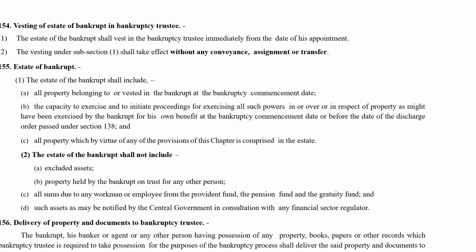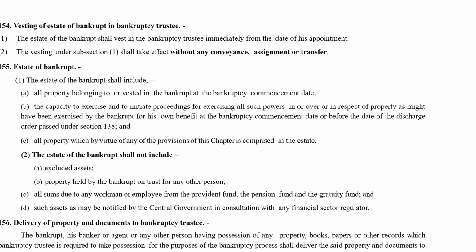So this section 155 is similar to section 36 in liquidation, which talks of liquidation estate. Okay, no? There also there are certain exclusions. So here the estate of the bankrupt shall not include excluded assets. Excluded assets we have already seen, provided they are unencumbered. So tools, books, vehicles, equipments, etc. Ornaments, LIC.